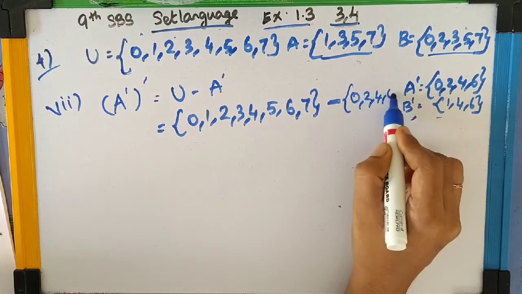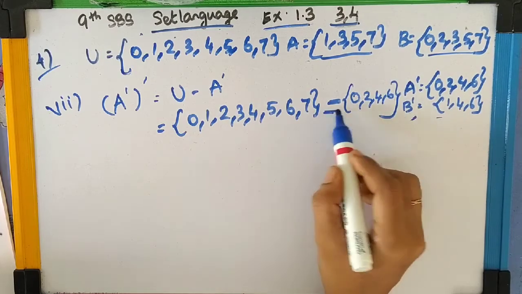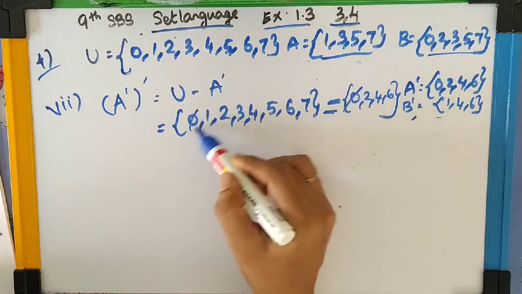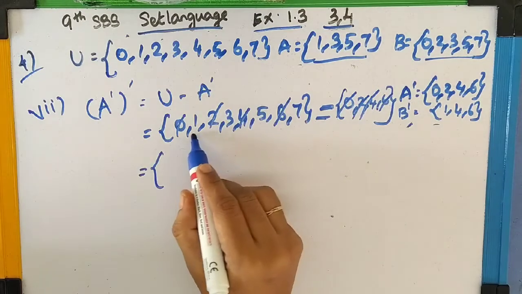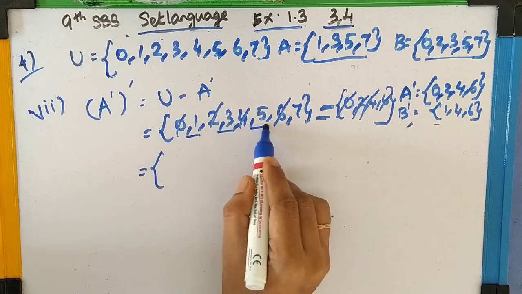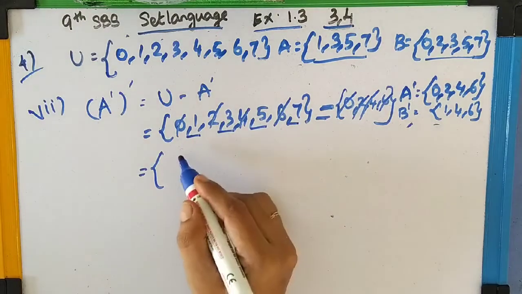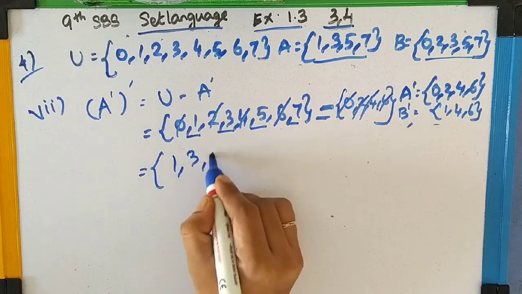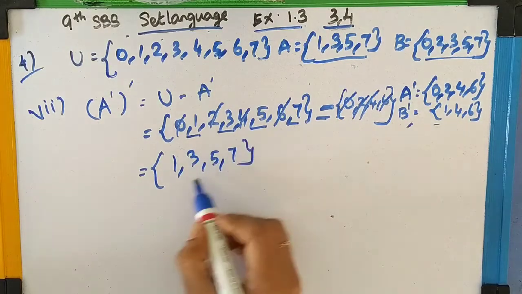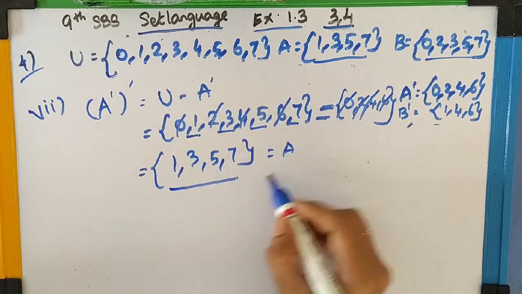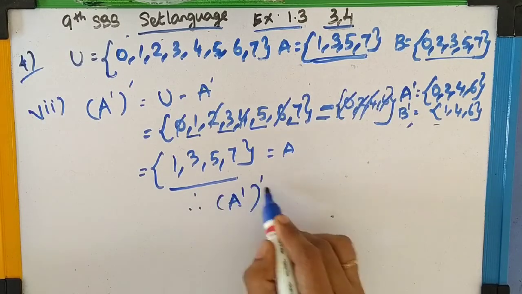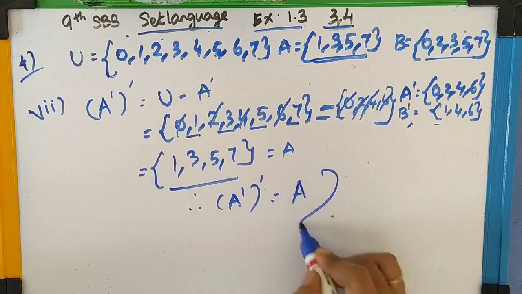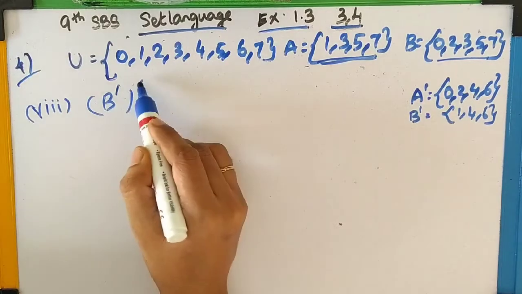Yes, 0, 2, 4, 6. How should we find the difference? Cancel the common elements between the sets: 0, 2, 4 and 6. And we should write the remaining elements in the first set. That is 1, 3, 5 and 7. So 1, 3, 5, 7 is A dash the whole dash, which is exactly equal to A.